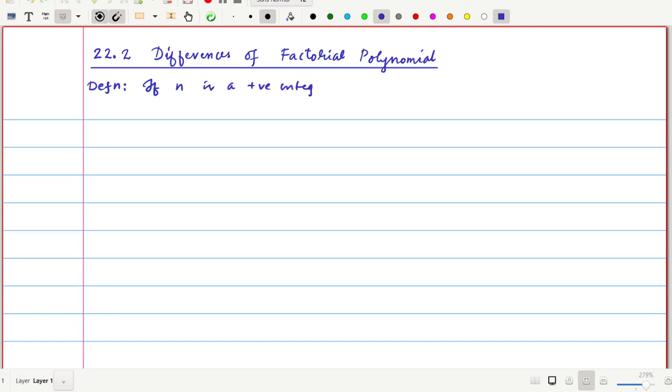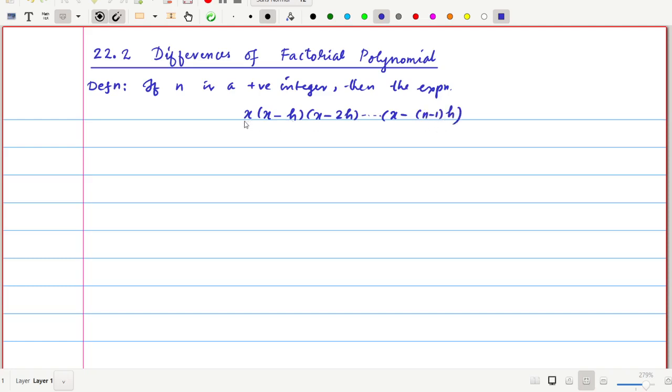then we consider the expression x into x minus h into x minus 2h etc. into x minus n minus 1 h.